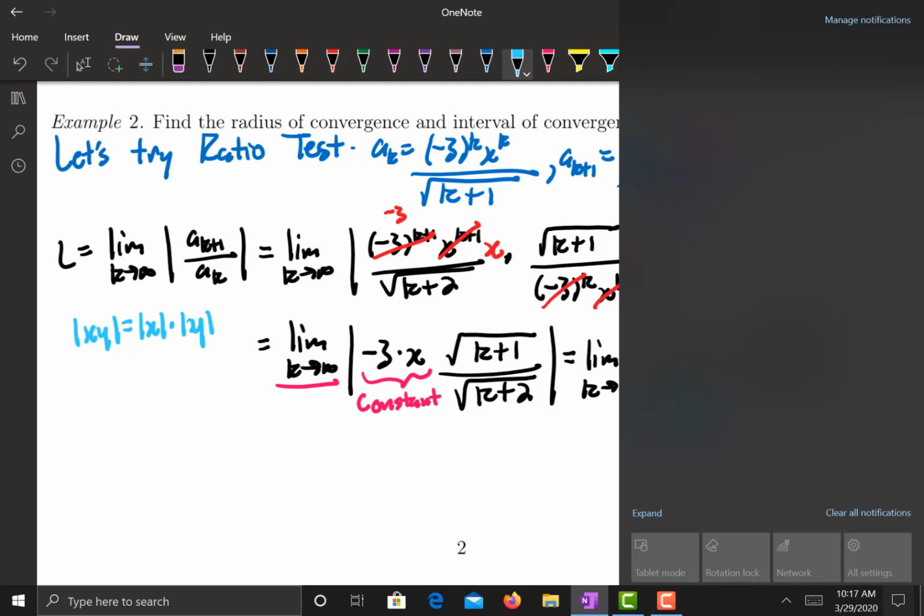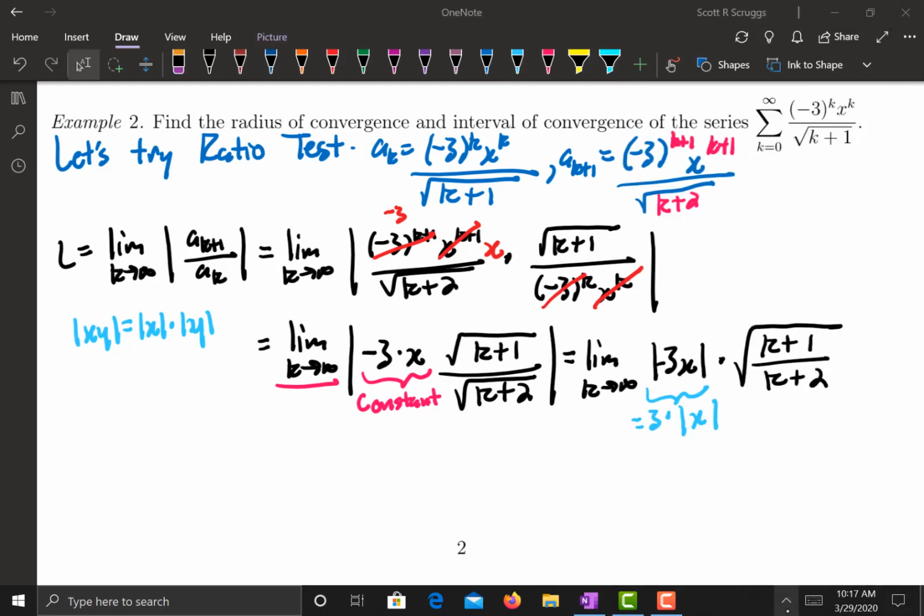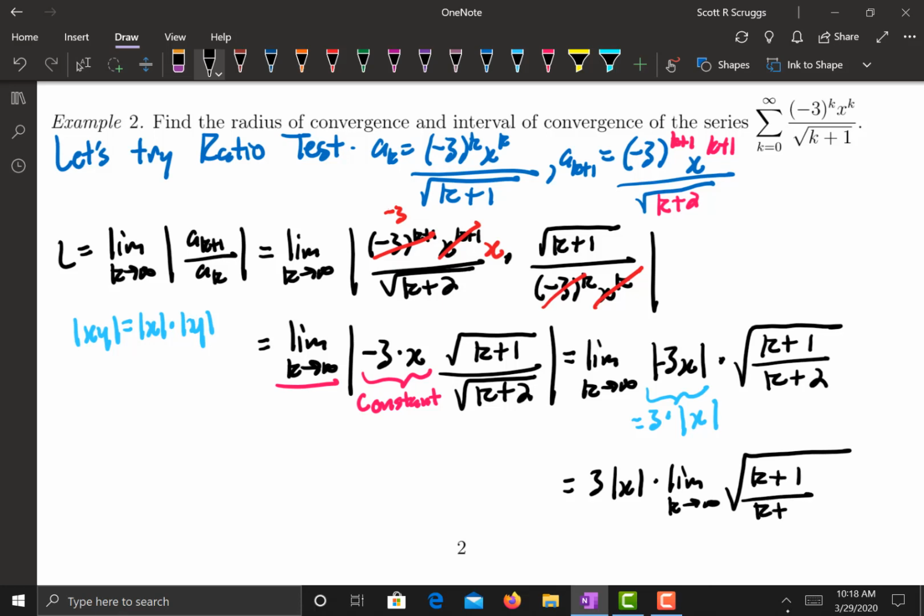Since that is a constant with respect to my limit, I can take out 3 times the absolute value of x, and evaluate the limit as k goes to infinity of the square root of (k plus 1) over (k plus 2).